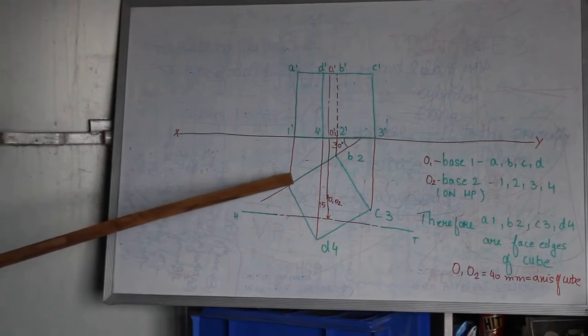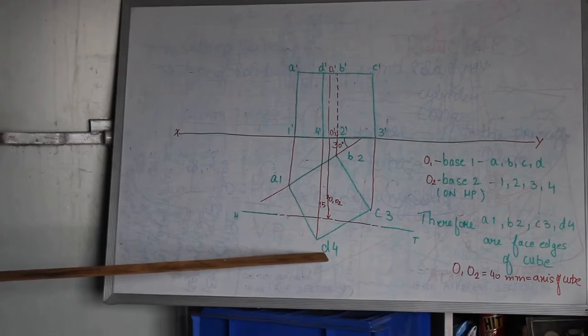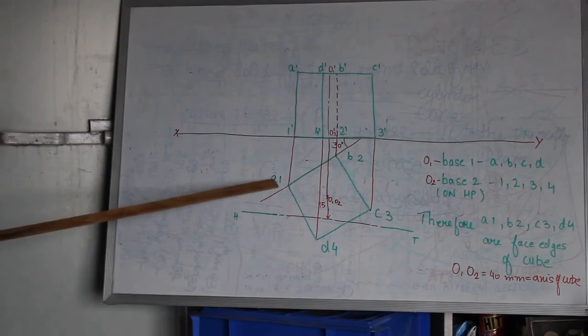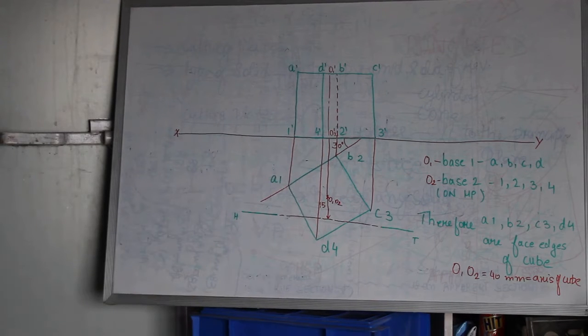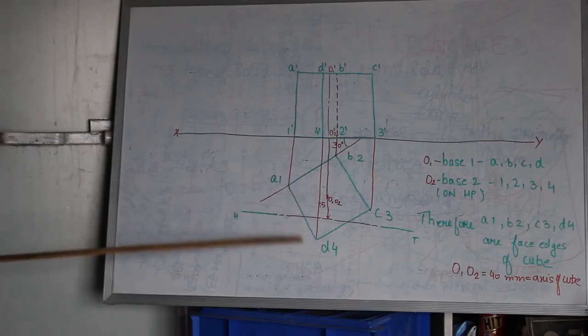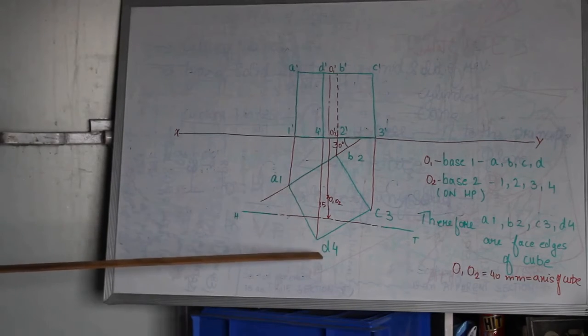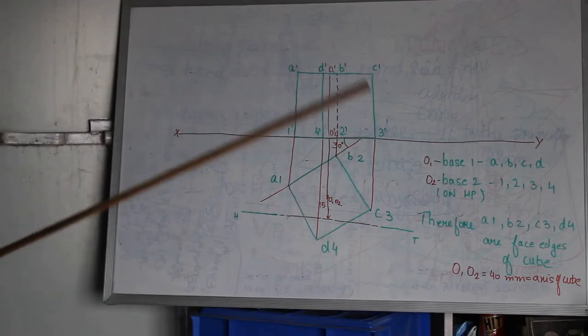As you can see, this corner is named as A1, this corner is named as D4. So this is base edge 1. Which is the base edge 1? Any guesses? So base edge of the base 1 is named as AD and base edge of the base 2 is named as 1,4.